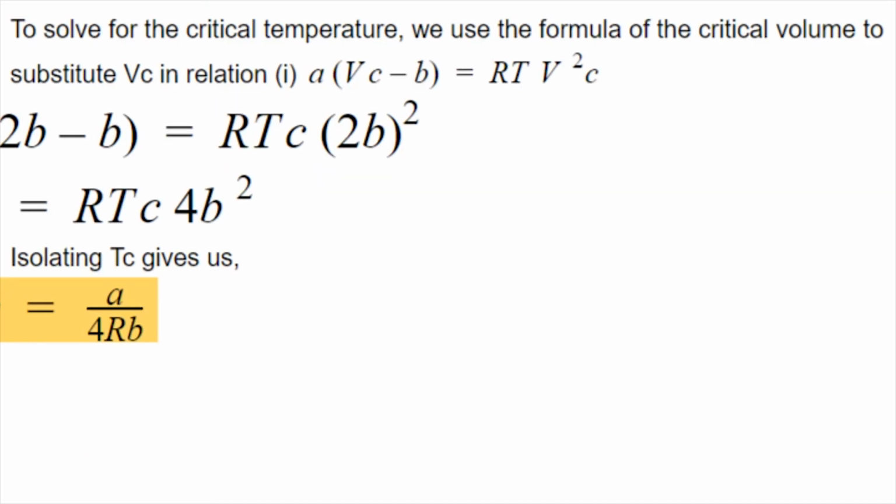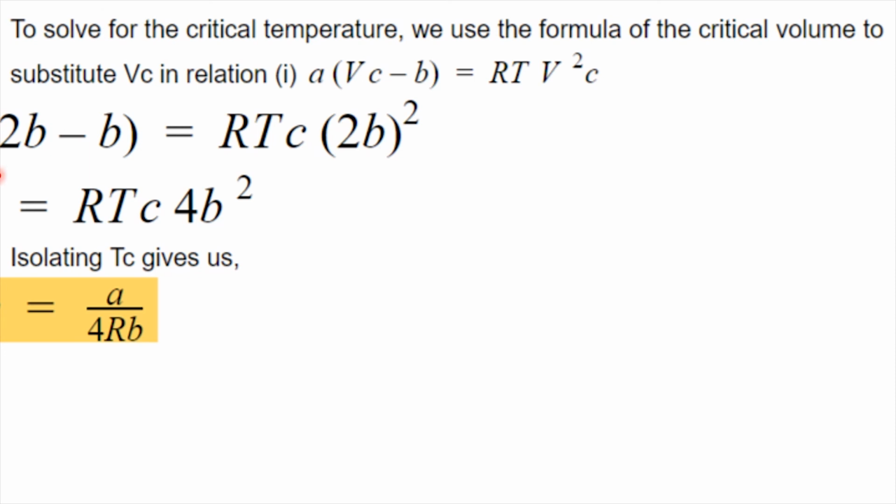Now to solve for the critical temperature, we use the formula of the critical volume to substitute Vc in equation number 1. So if you remember equation 1, it's given as a times Vc minus b is equal to RT times Vc squared. And substituting, we know that Vc is equal to 2b.